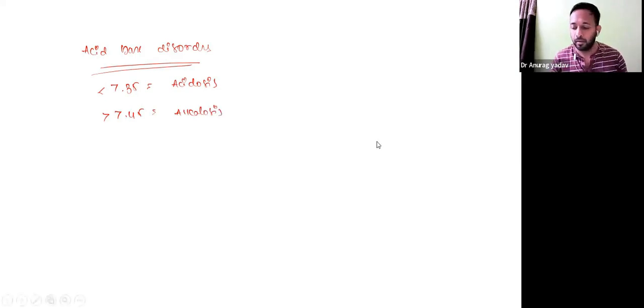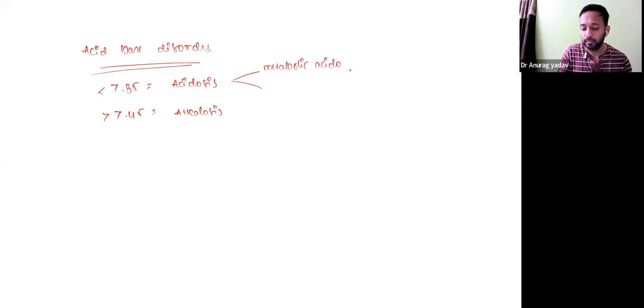If it is acidosis, then the acid concentration is higher. There are two types of acidosis. One is called metabolic acidosis, and the other is called respiratory acidosis. In the same way, alkalosis is also of two types: metabolic alkalosis and respiratory alkalosis.